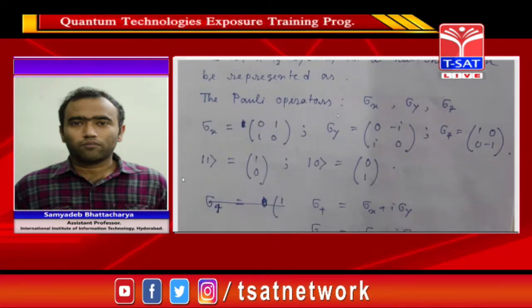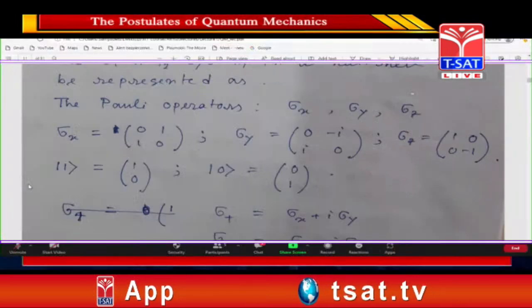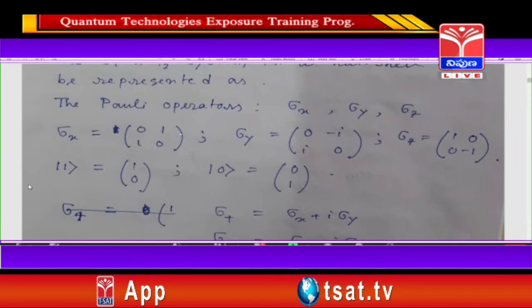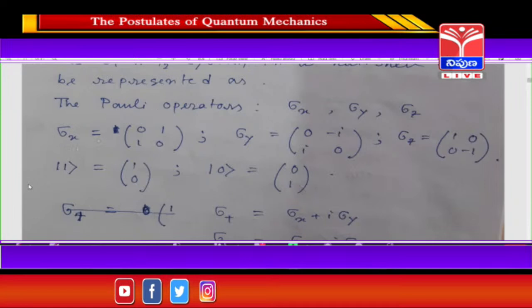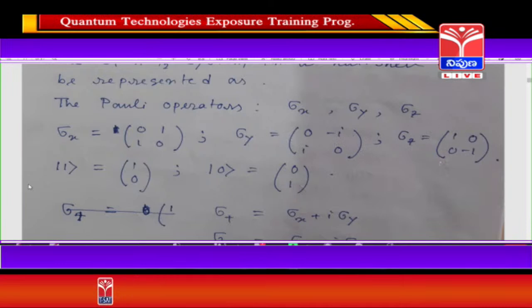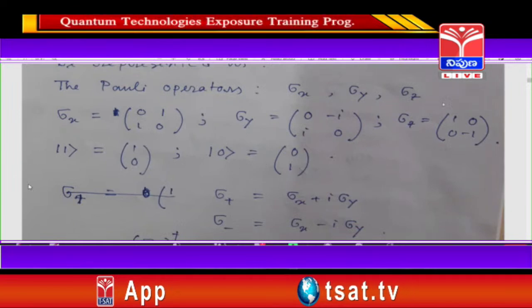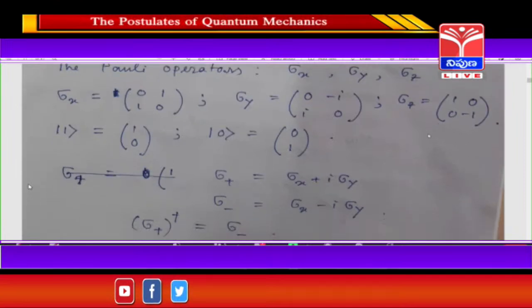The Pauli operators I was talking about are these three operators: sigma x, sigma y, and sigma z. Sigma x is this one, 0 1 1 0. Maybe you will remember it because we used it before. Sigma y is 0 minus i, i 0. Sigma z is 1 0 0 minus 1. These |1> and |0> vectors are the computational basis, which are the eigenvectors of the sigma z matrix.